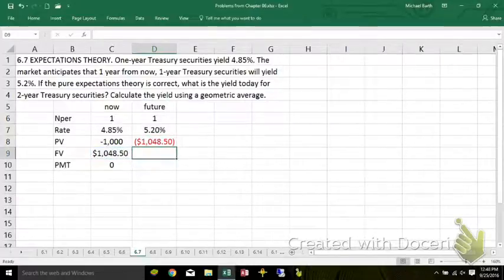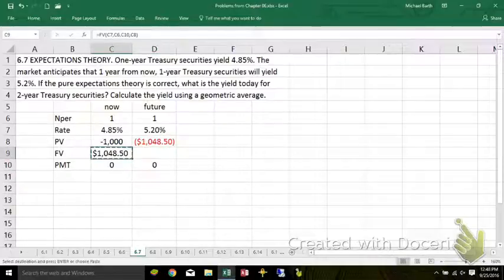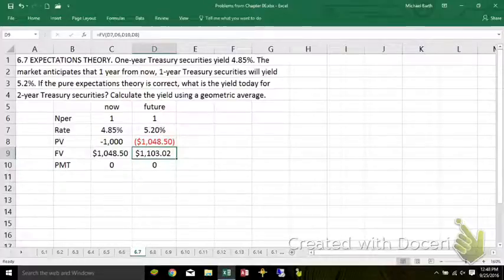Take your 1,048.50, and again, no future payments. And then at the end of the second year, you'll have $1,103.02.